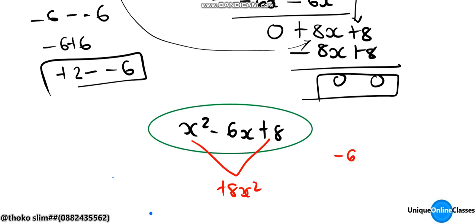The factors are minus 2 and minus 4. If you multiply negative and negative, that is positive, 2 times 4 is 8. And if you add these, the answer you get is negative 6.